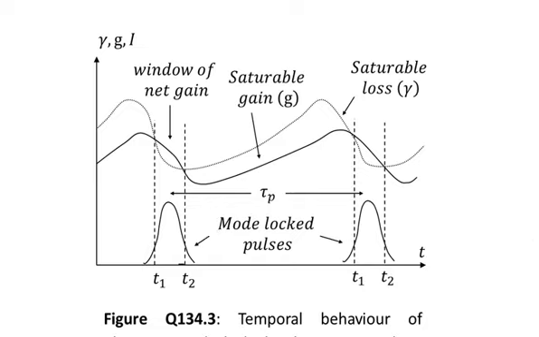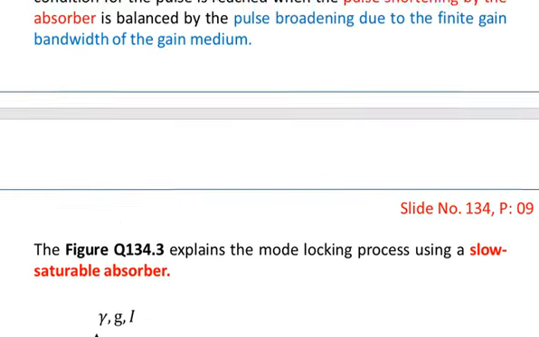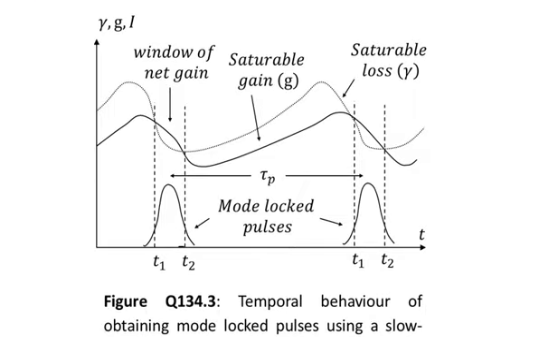The behavior is very close to the previous fast saturable absorber, but the curves are different from this present case. So now I have given you a little idea about how things will work.